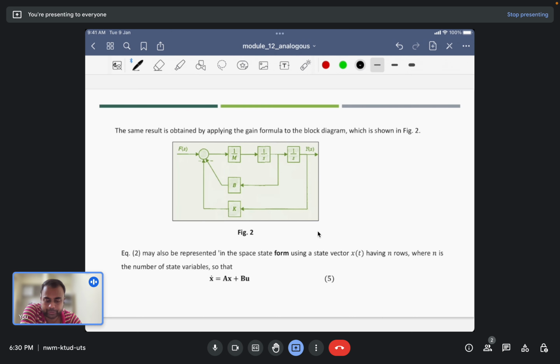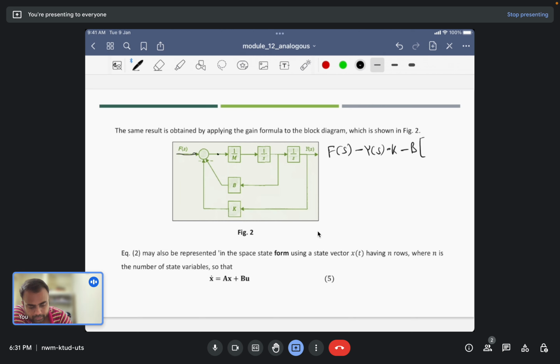Now from a control system perspective, we can draw the block diagram to represent the system. So here F of s is the input and Y of s is the output. We can write here in the feedback loop, F of s minus Y of s times k minus b times s.